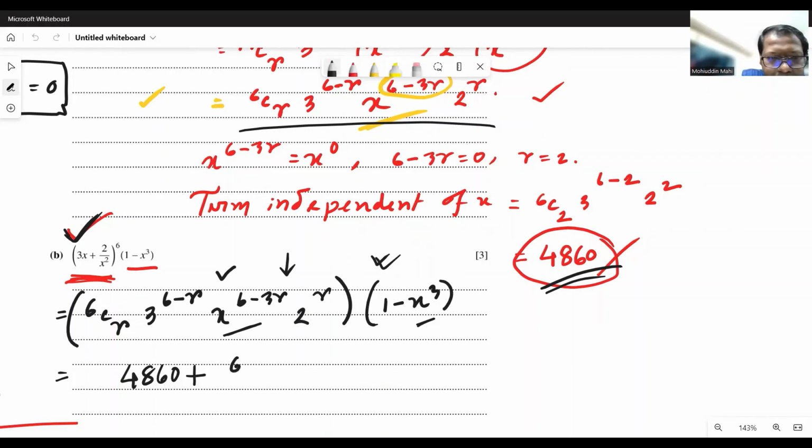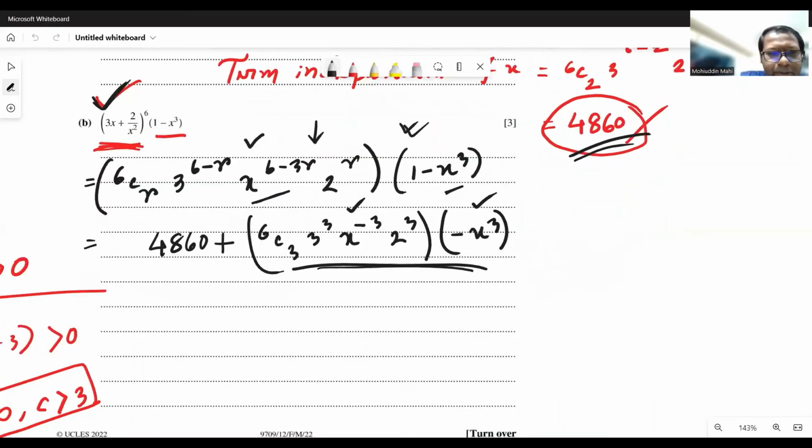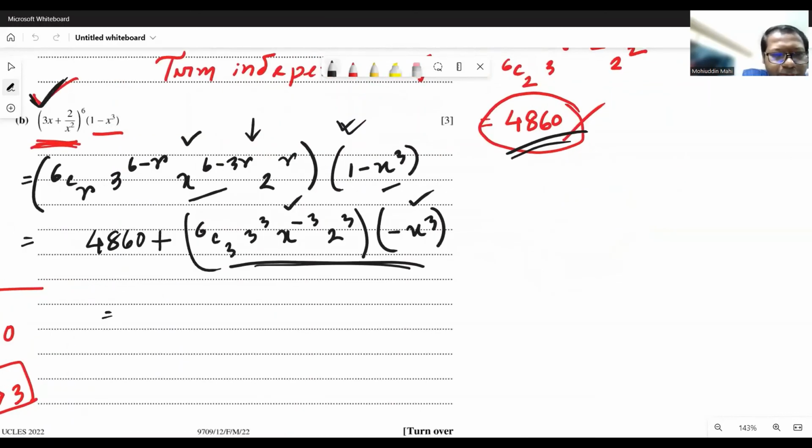So 6C3, 3 to the power 3, x to the power minus 3, and 2 to the power 3, multiplied by minus x cubed. So this term will also be a term independent of x, because x to the power minus 3 and x cubed are going to cancel out, right? So the overall result is going to be 486.